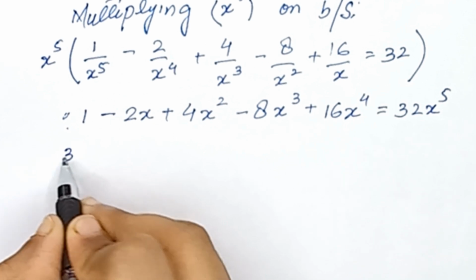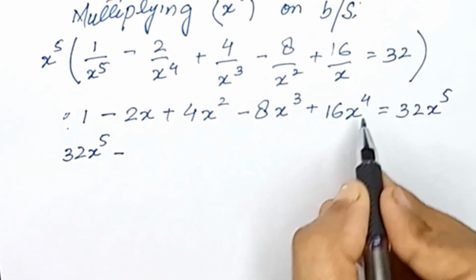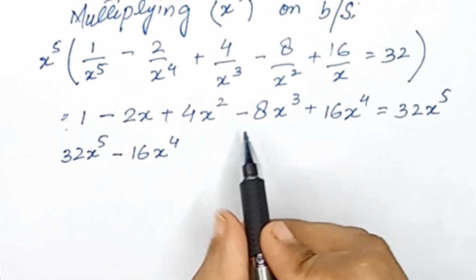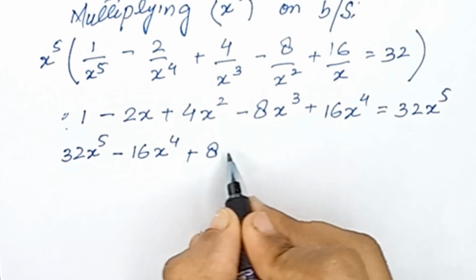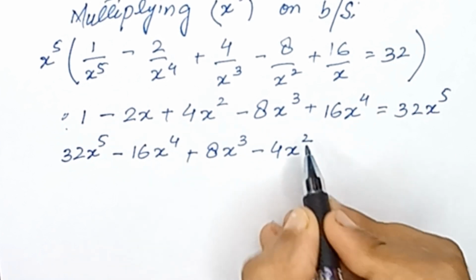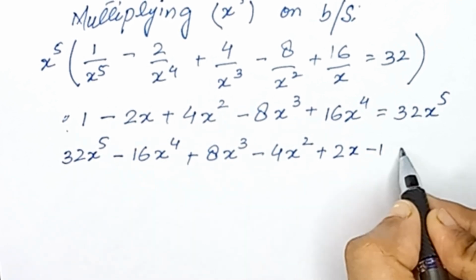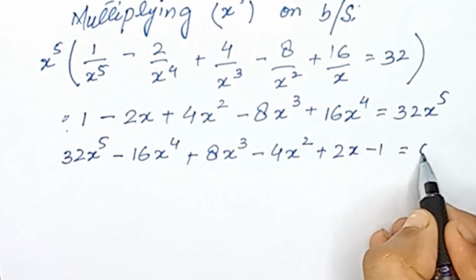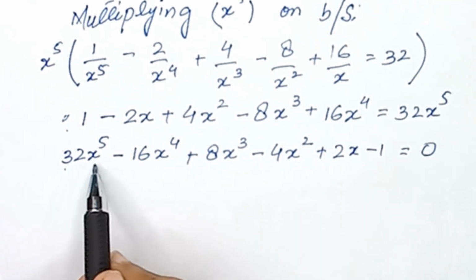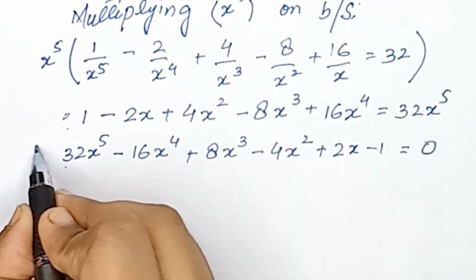So it will become 32 x raised to the power 5 minus 16 x raised to the power 4 plus 8 times x raised to the power 3 minus 4 times x raised to the power 2 plus 2x minus 1, and this side will be equal to 0. Okay, here we have 32 x raised to the power 5, and we know that 32 is the same as 2 raised to the power 5.